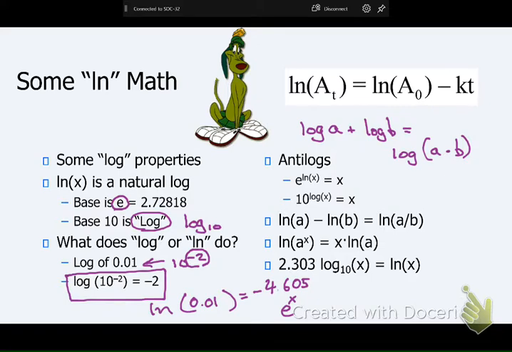They had tables for anti-logs, using the same logs to go forwards and backwards, before calculators were invented. But it also led to some interesting mathematical properties.